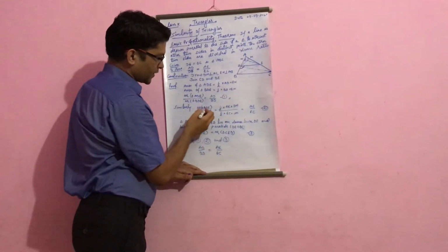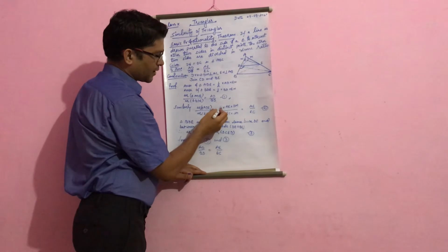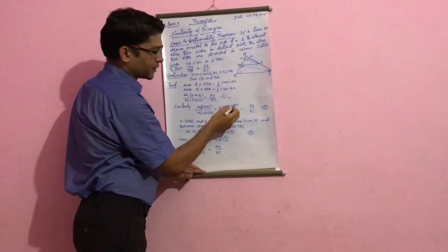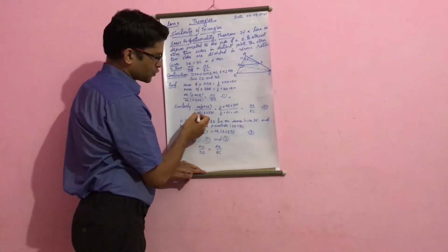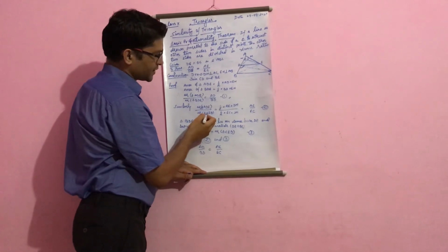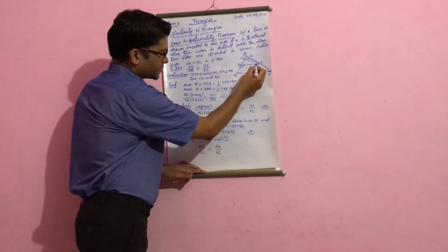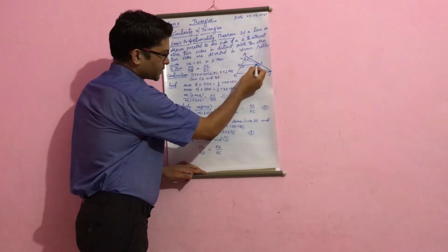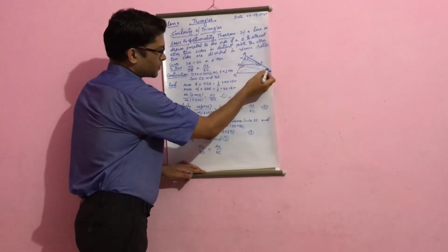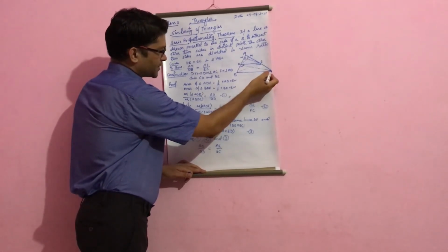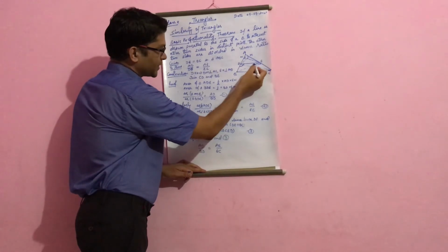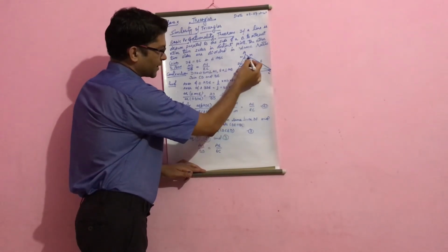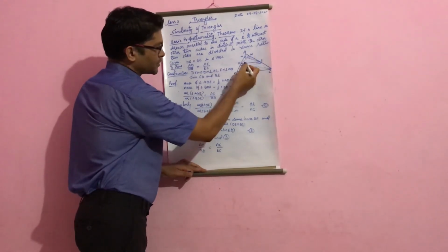So the area of ADE is half base AE into height DM. CED is again an obtuse angled triangle. This angle is obtuse. So for this also, if I take base as CE, the height will lie outside the triangle. The base is produced and then we find the height. So DM is the height.